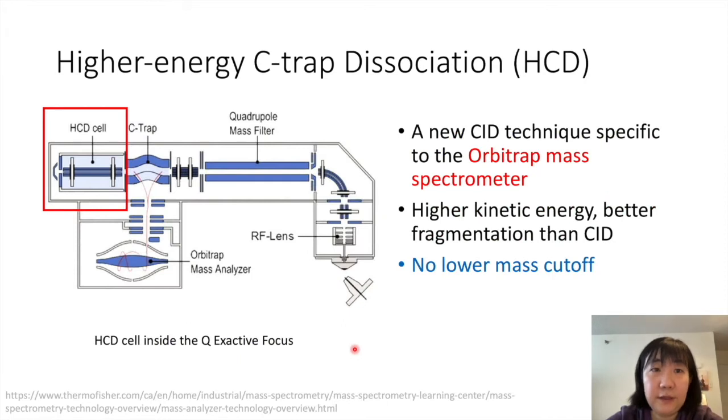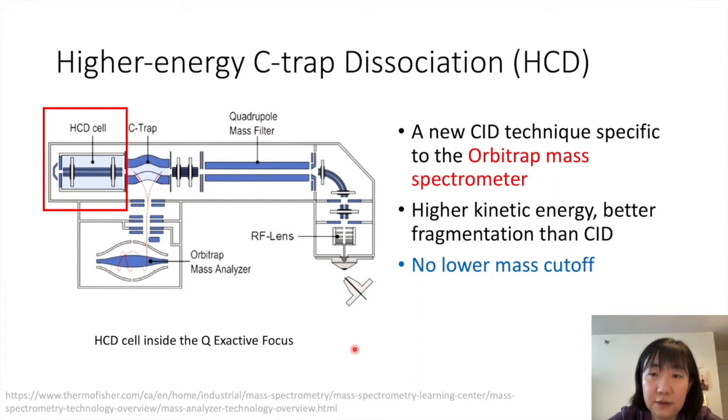Higher energy C-trap dissociation, HCD, is a new kind of CID. It was developed to extend the range of CID methods. There is a high RF voltage in the C-trap to retain fragment ions. The HCD cell is used to fragment the ions, after which they are accelerated to cool down and be stored inside the C-trap.